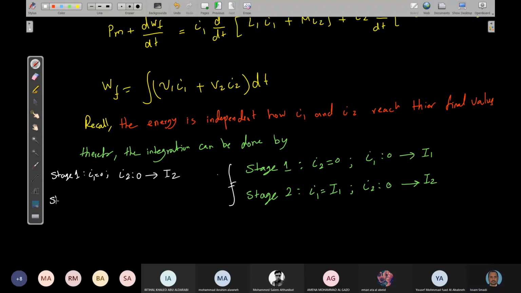Then stage number 2, I will assume that I2 is reaching its final value, and I will evaluate the integration as I1 is changing from 0 to its final value. So if I use the first method or the second method, I should get the same result.